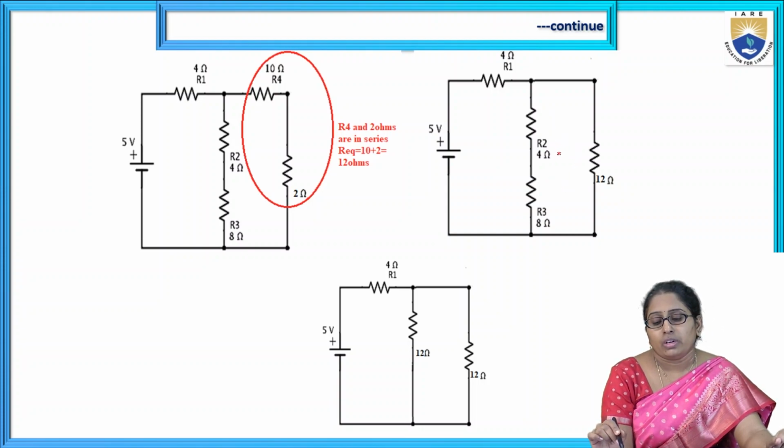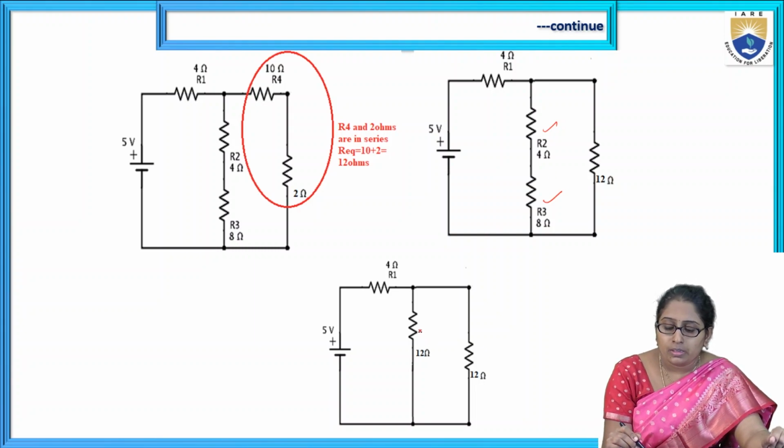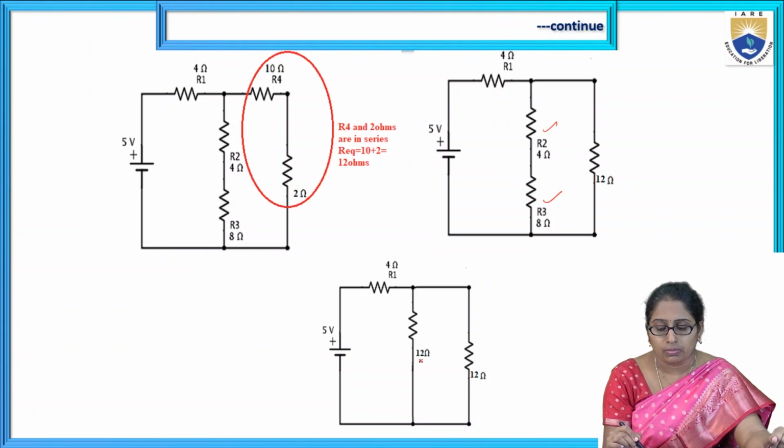Now the next step is to replace the next two elements, this R2 and R3. They are in a series connection. We know that for series connection the equivalent of those two is simply the sum. So 4 plus 8. Those two are replaced with a single resistor of value 12 ohms.